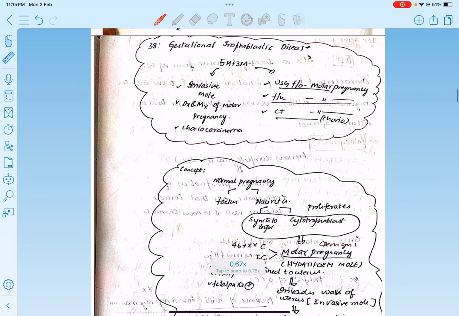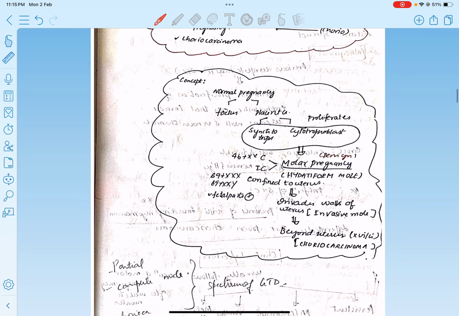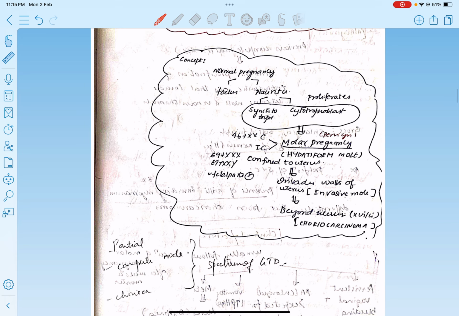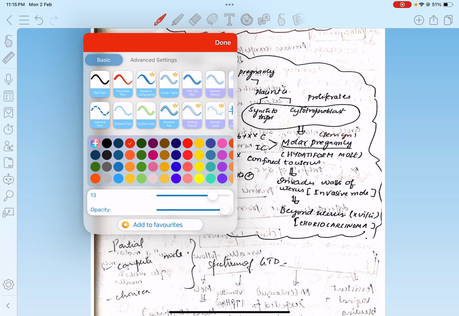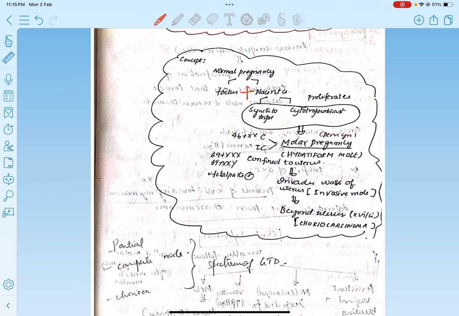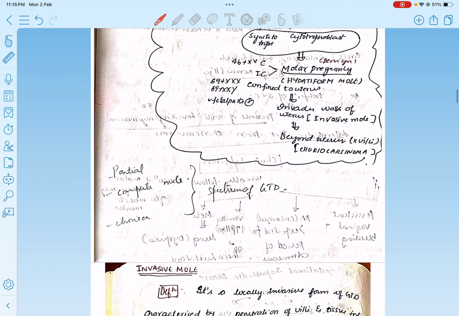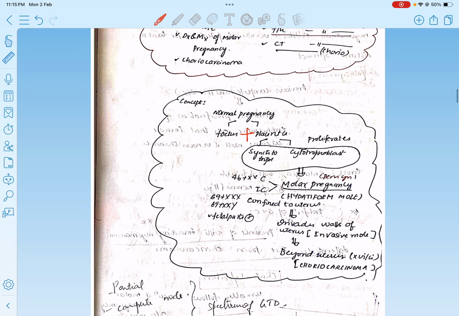Then again gestational trophoblastic neoplasia, I have given you the concept. As I told in the other video, in a normal pregnancy you will have both fetus as well as the placenta. So never confuse between what is complete and incomplete. So what does complete mean?